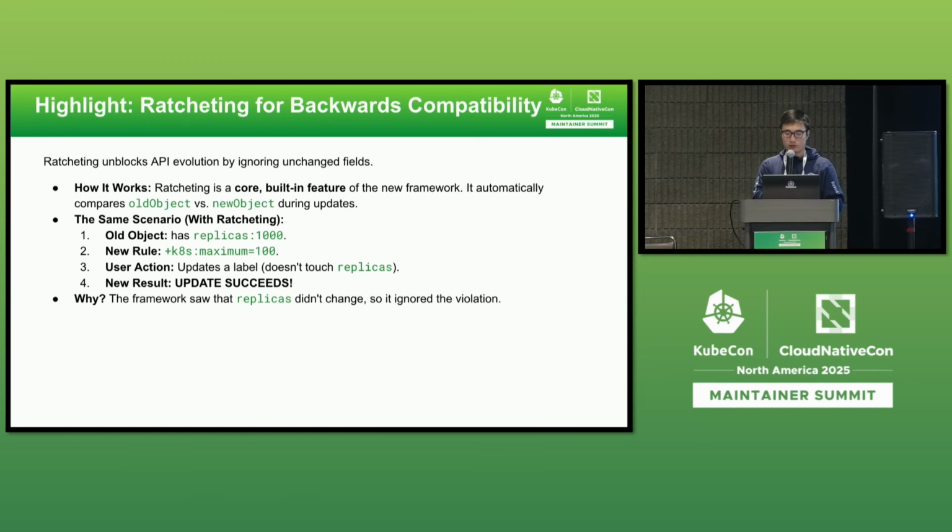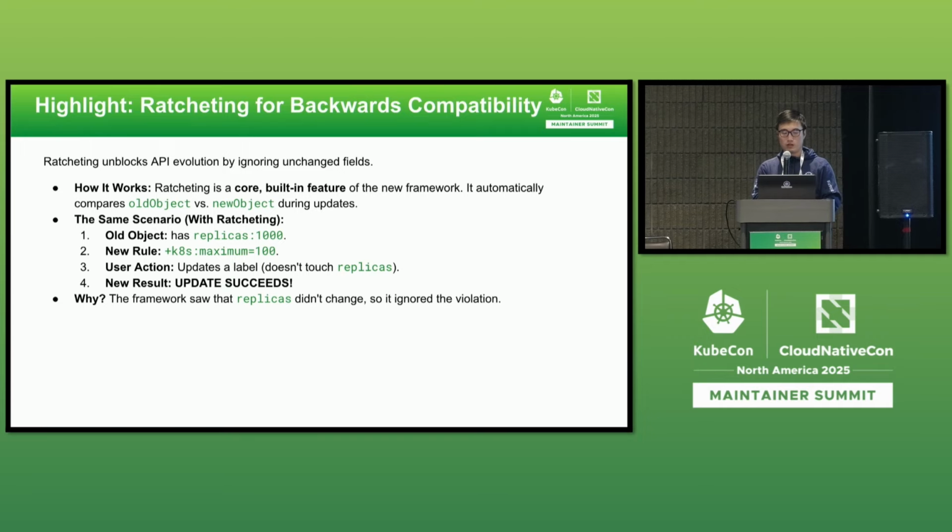So if we take the previous example, we have replicas equal to 1,000, and we add a new rule with maximum equal to 100. You will generate code which has ratcheting logic embedded. Then the user action will pass, because the framework sees the update and sees that replicas doesn't change, so it will skip the validation.